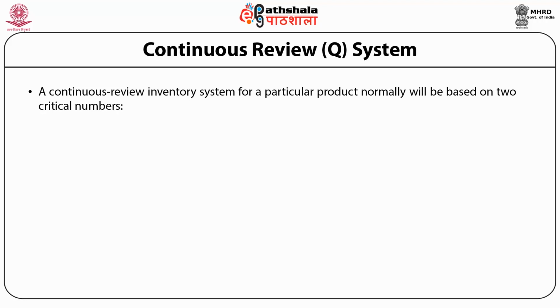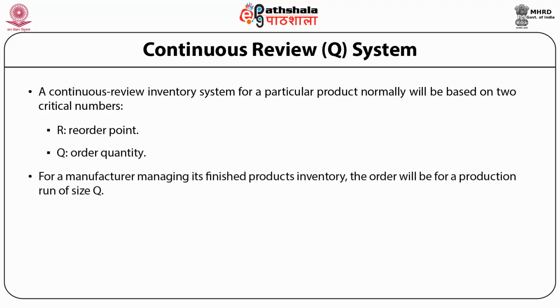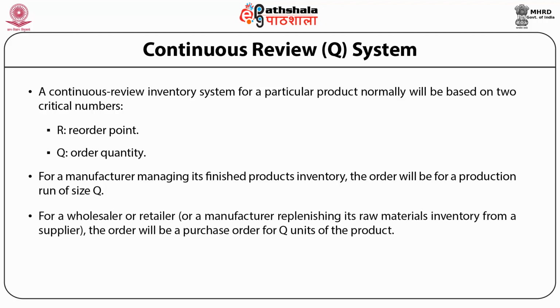A continuous review inventory system for a particular product normally will be based on two critical numbers: R, the reorder point, and Q, the order quantity. For a manufacturer managing its finished products inventory, the order will be for a production run of size Q. For a wholesaler or retailer, or a manufacturer replenishing its raw materials inventory from a supplier, the order will be a purchase order for Q units of the product.